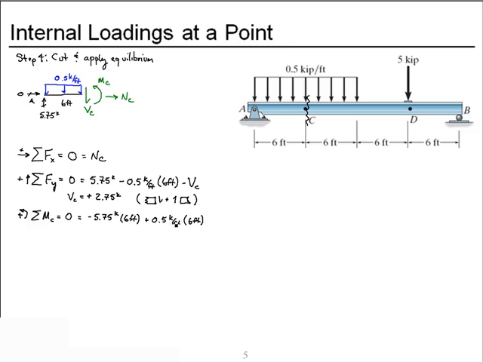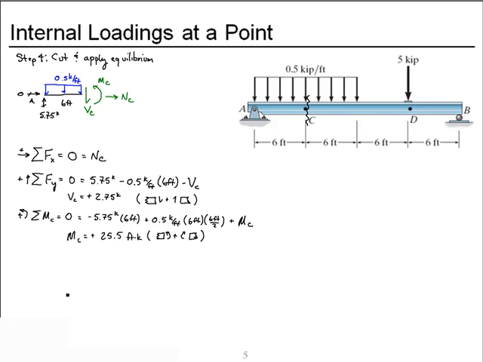Again, there's only 6 feet of it, and it acts at 3 feet. And the unknown moment at C. We solve that to find moment at C is 25.5 foot kips. And again, since we're keeping the left half, or the left piece, for the free body, we said positive moment is that way. If we'd used the other piece, positive moment would have been clockwise.